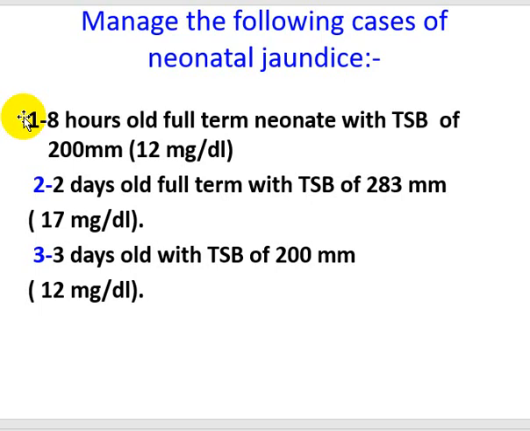Total serum bilirubin is 283 micromole per liter or 17 milligram per deciliter. Third one is 3 days old with total serum bilirubin of 200 micromole per liter. It means 12 milligram per deciliter. The answers will be left to the end of the lecture.